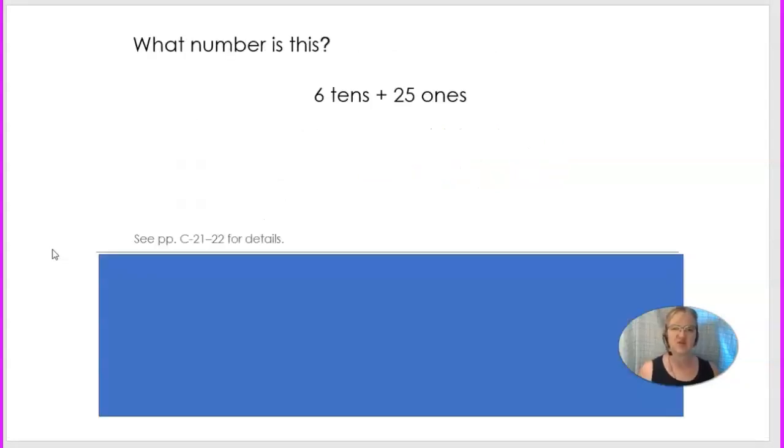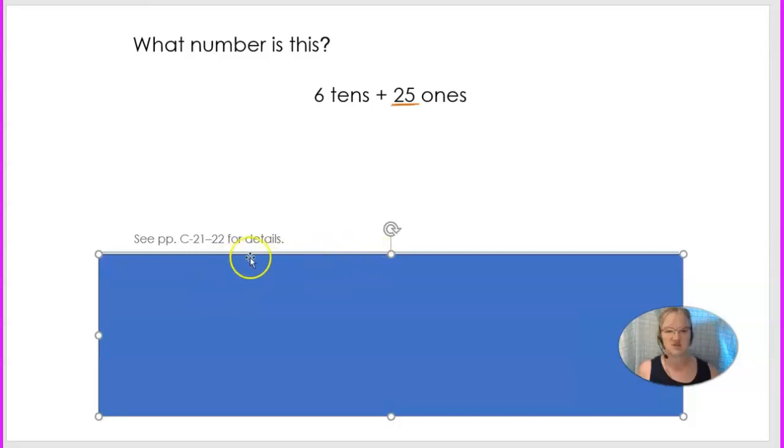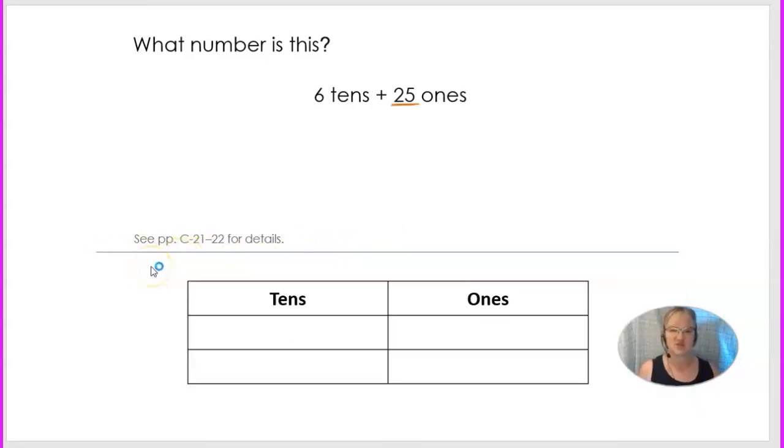Okay, looking at this one, if we have 6 10s and 25 ones, again, we're breaking the rule here by having more than one digit in the ones place. So we can take this 10 and move it over, right? Let's look at this chart under here to make this easier to understand. Okay, so we started with 6 10s and 25 ones.